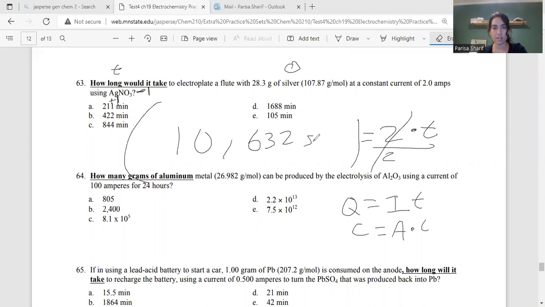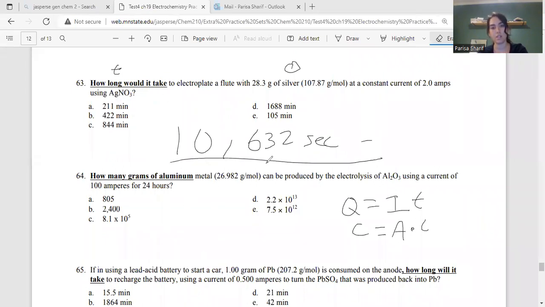So seconds. But it doesn't want it in seconds, it wants it in minutes. So the last thing you have to do is convert that. To convert that, we just have to divide by 60 because there's 60 seconds in 1 minute. And yeah, I get 177. Dang, that's not an answer. Wonder what we did wrong.